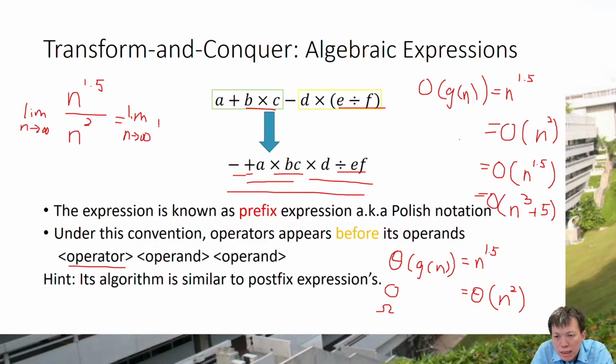It will be n to the power of negative 0.5, as n goes to infinity. That means this thing goes to 0. Then actually it's not a non-zero constant, not a positive constant number. So that means you cannot say so for big theta.